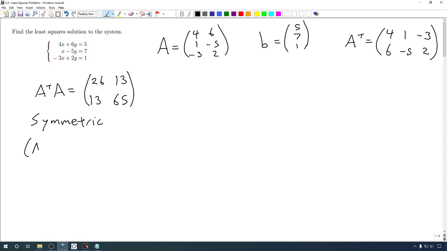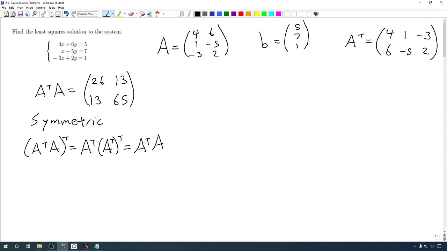This actually comes from the fact that if we take the transpose of A transpose A, remember the transpose will swap the order of the product, and then we have A transpose times A transpose transpose, but A transpose transpose is A. Essentially, taking the transpose of this product A transpose A doesn't change anything. We get the same matrix back. So if we just flip everything over, we get exactly the same matrix.